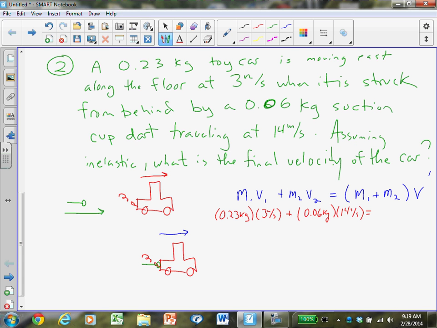What would be the total mass? Because now they're stuck together after, right? 0.29 kilograms. And then we just solve for v prime. It's quite easy, right? 0.23 times 3 is 0.69 plus 0.06 times 14, 0.84 equals 0.29 v prime. So add these two together.